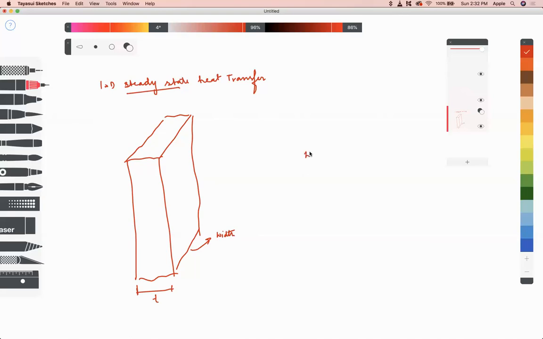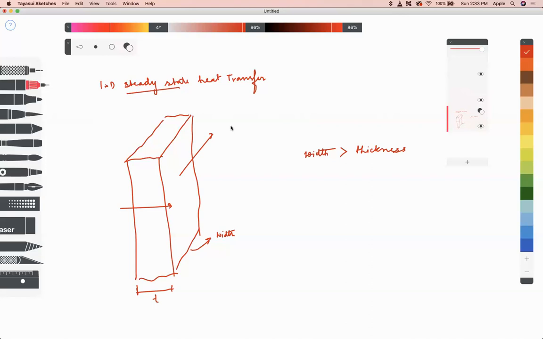So width is much greater than the thickness. All right. So you will see a significant amount of temperature change in this direction, but in this direction you will not see so much of a significant change in temperature.